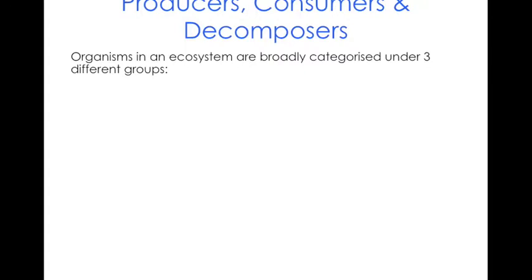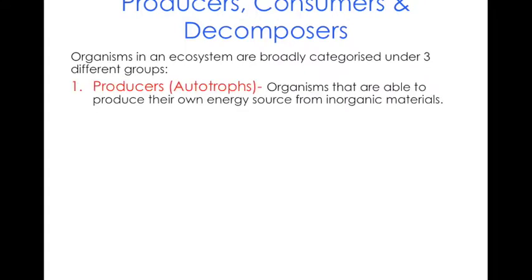The way in which different organisms get energy is how we categorize them, and they come under three different groups. The first one is called the producers, or autotrophs, because they are organisms that can produce their own energy sources from inorganic materials.